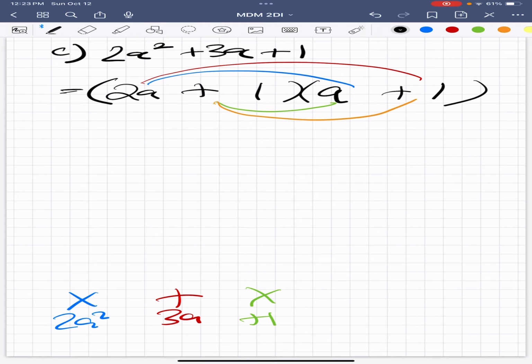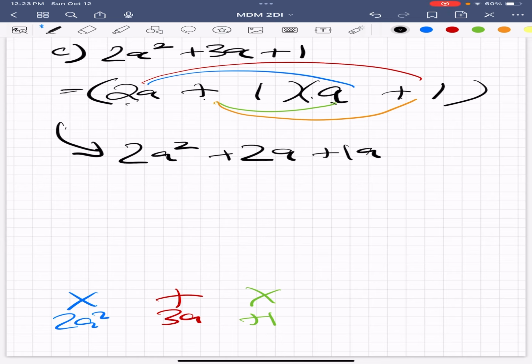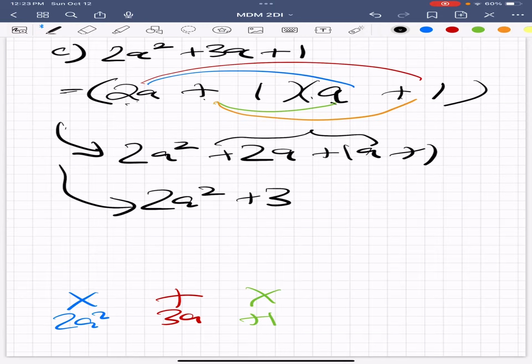So we have first 2a², sorry, I always do the equal sign, it's an arrow. 2a², so those are the firsts. 2a multiplied by 1 plus 2a plus 1a plus 1, and then we're going to go down further: 2a squared plus 3a plus 1.